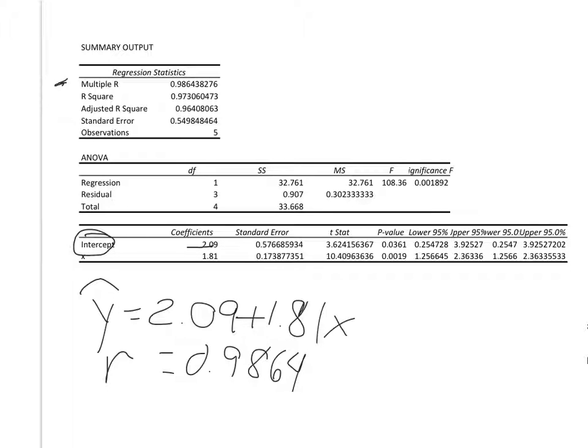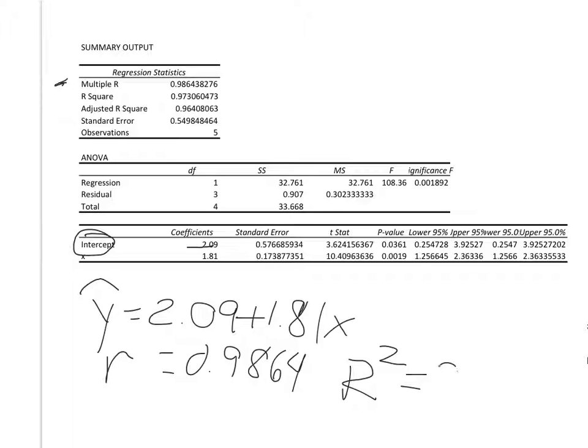The r squared is the percent of variation in y that the model explains.